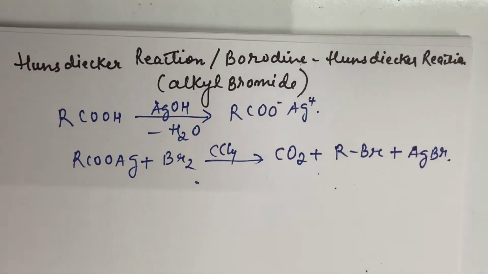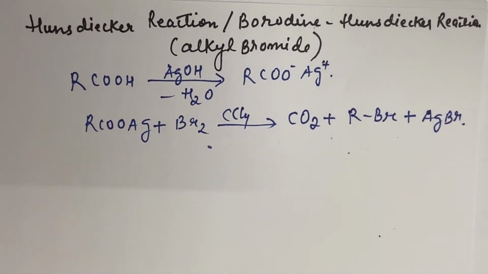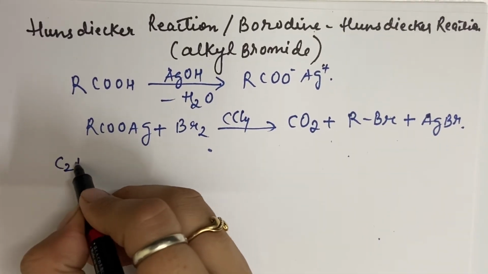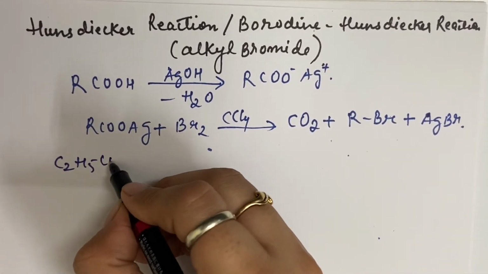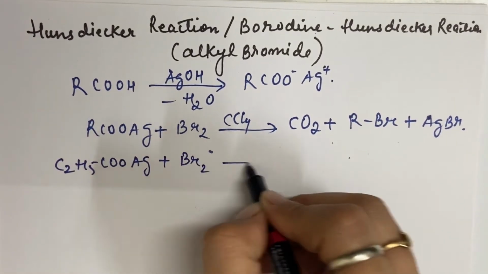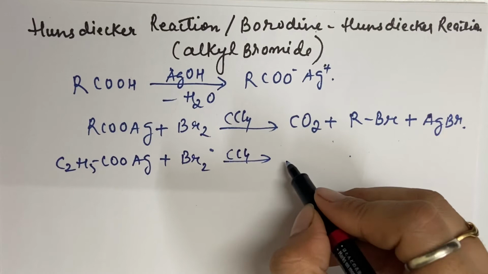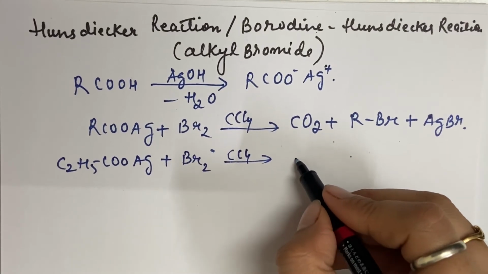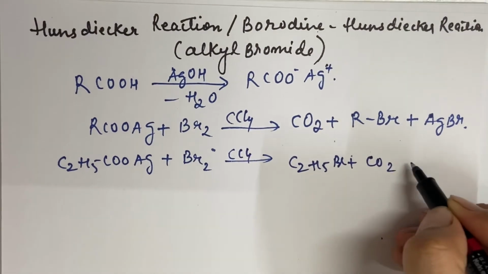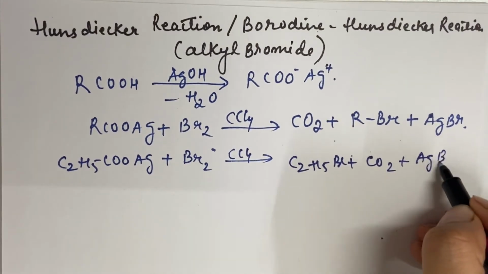Okay, so you can give some example. If you have C2H5COOAg plus Br2, what will be the product? Yes, you are completely right. It will be C2H5Br plus carbon dioxide plus AgBr.